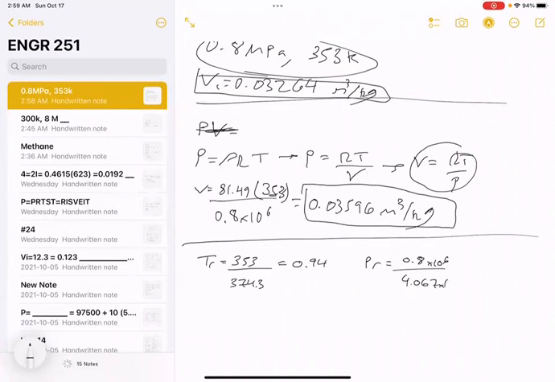So 0.8 divided by 4.067, and we see that our reduced pressure is 0.19, well, actually it rounds up to 0.2, okay? So we're going to use these two values over here, 0.94 and 0.2, to find our reduced specific volume. And from the reduced specific volume, well, actually, it's faster if we get the compressibility factor Z, but we'll see how we do that in a second.